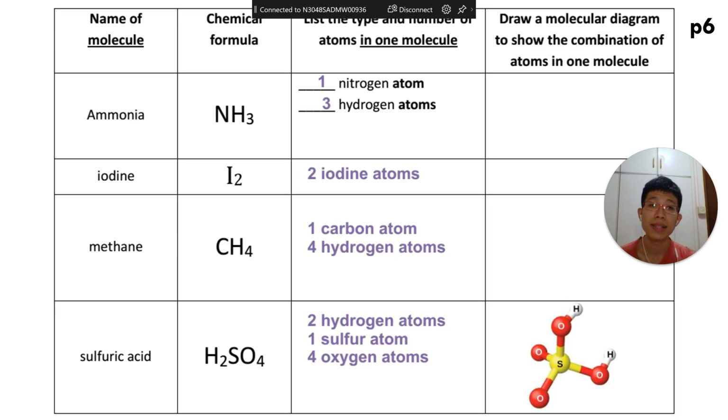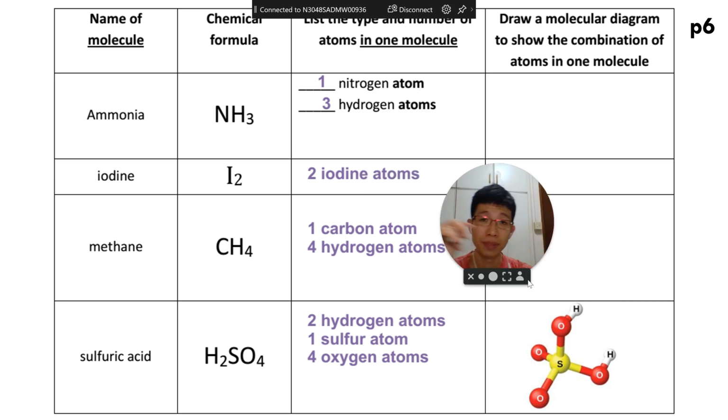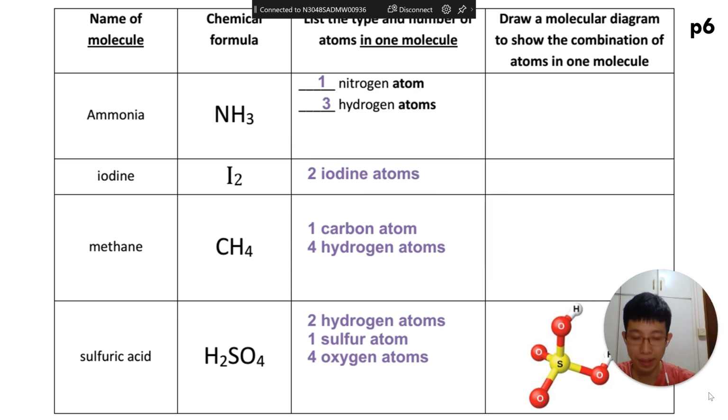Now let's look at some examples. For ammonia, it has a chemical formula of NH3. So what does it mean? First step, you need to identify what are the different elements in a compound first, or a molecule first.